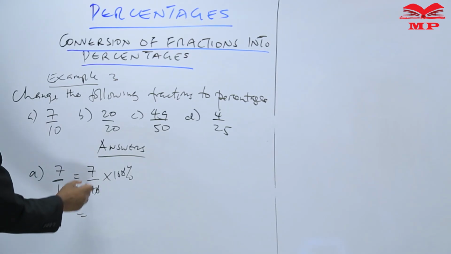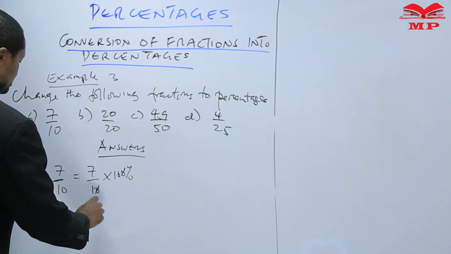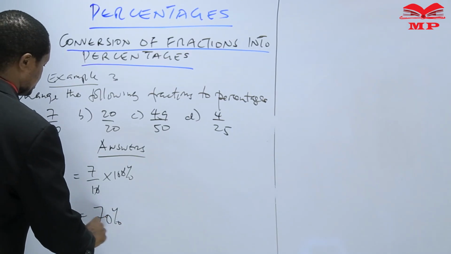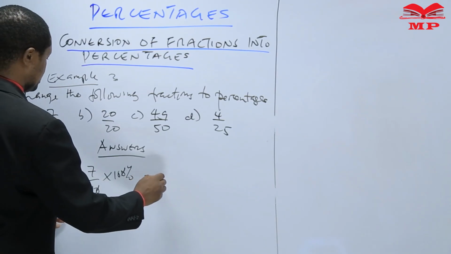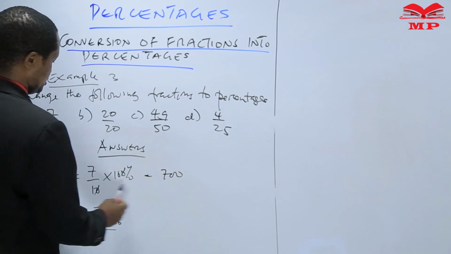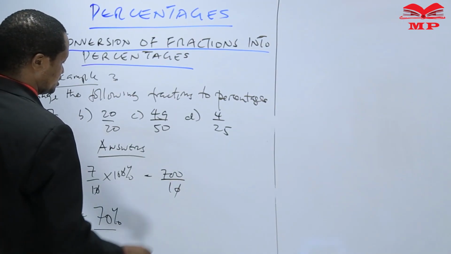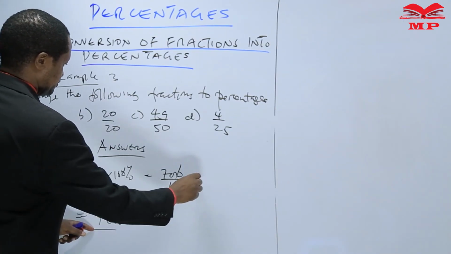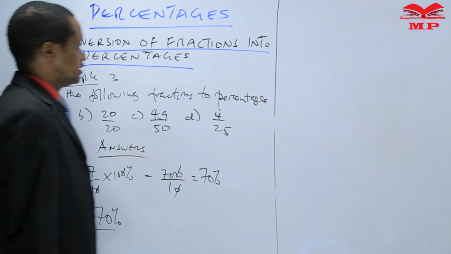Then we have 7 times 10, giving us 70%. We have converted 7 over 10 into a percentage. Alternatively, we can say this is equal to 700 over 10, which is 7 times 100 divided by 10. We cancel this with that. We still have 70%.